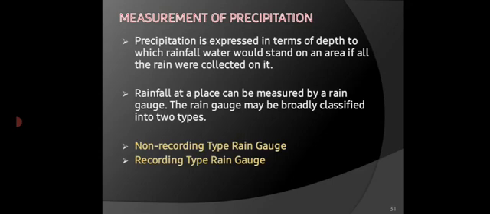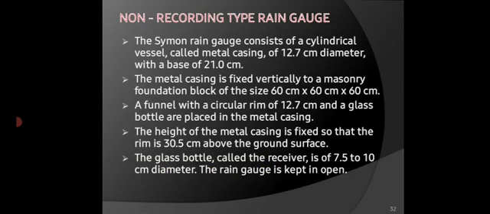The rain gauges are classified into two types: non-recording type rain gauge and recording type rain gauge. Let's see the non-recording type rain gauge. The name is Symons. The Symons rain gauge consists of a cylindrical vessel called a metal casing of this dimension.